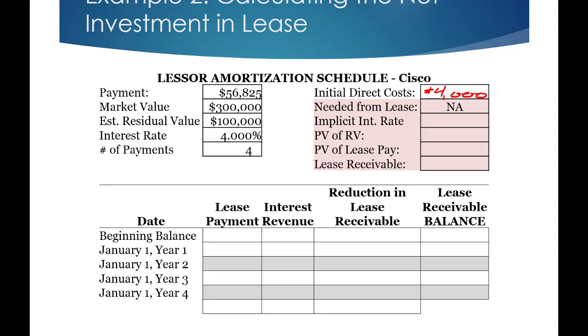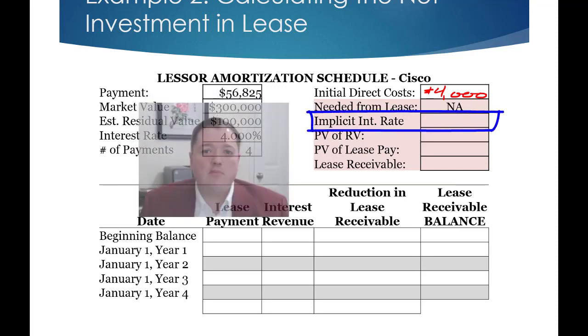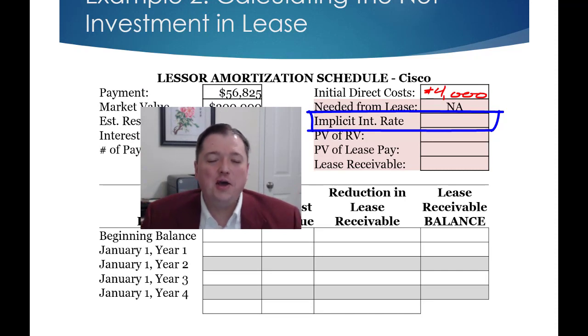The next thing we want to talk about is our implicit interest rate. Now, the implicit interest rate is one of the most exciting or fun parts of the new lease requirement. And it's become a challenge both to explain and to calculate, but the good news is that it was a huge piece of what the rules used to be when FASB initially rolled out the standard.